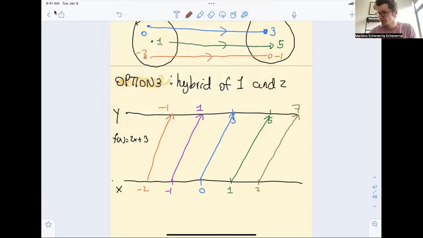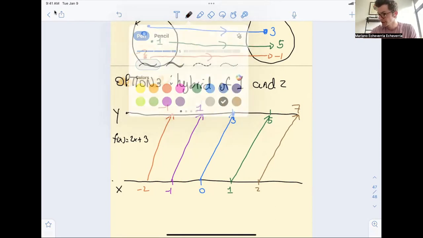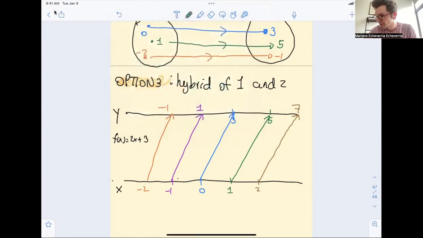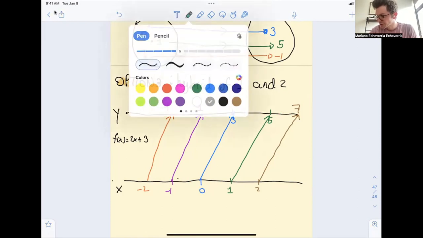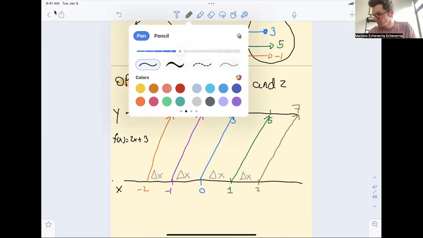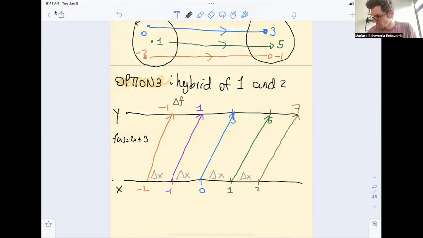So what the function is actually doing is, if you take a delta x here, let's use gray, of 1, which I just chose for our purposes, the spacing between the output values, the delta f, is actually twice delta x.